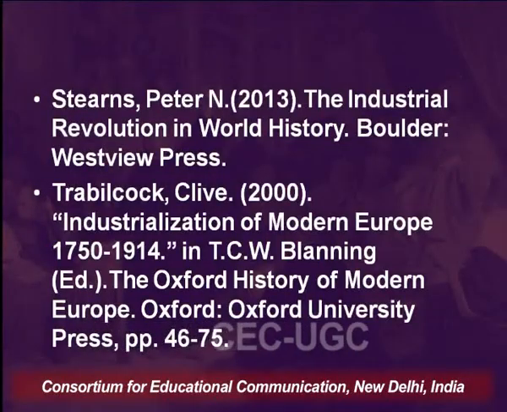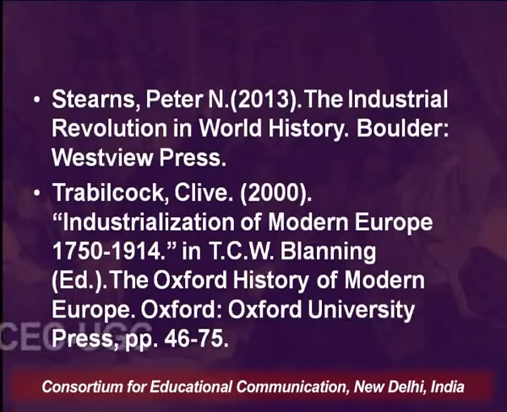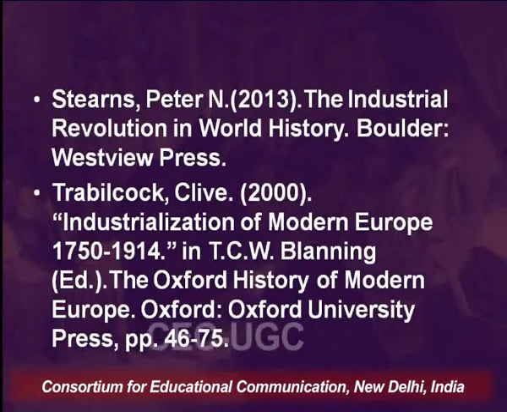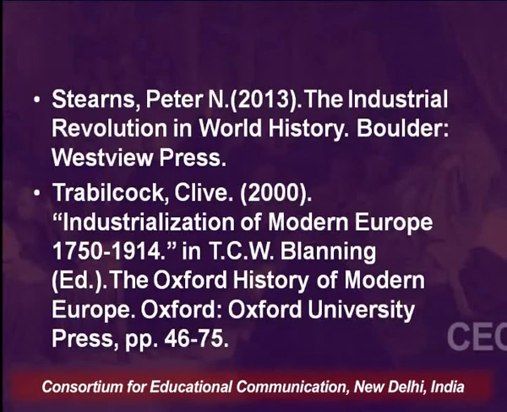Towards the end of the lecture, I'll run through the readings, and that will take care of a very overview kind of visualization that you can make out of this. So, on this particular subtopic, you have Peter Stern's book, The Industrial Revolution in World History.